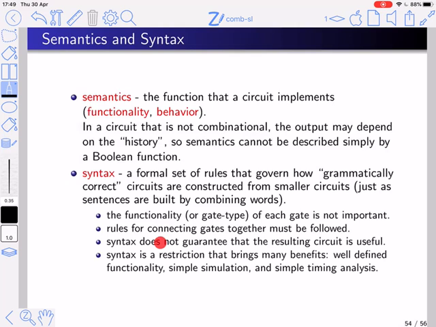Now, following the syntax does not guarantee that the resulting circuit is useful. However, if you follow the syntax, then you know for sure that the functionality is well defined, that you could easily simulate the combinational circuit, and you can easily perform timing analysis.